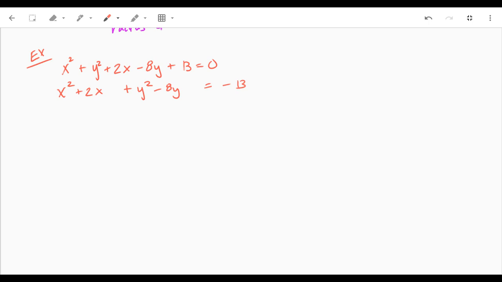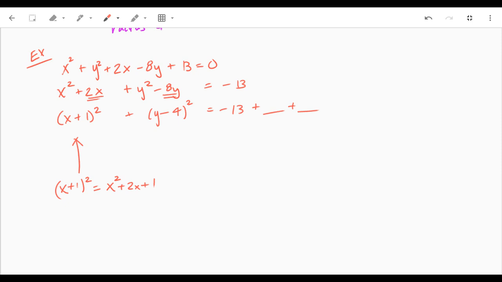Now we're going to complete the square by splitting those terms. So this would be (x + 1)² + (y − 4)² = −13. We've got to figure out what we need to add on there. (x + 1)² would be x² + 2x + 1, so that means we needed to add in a 1.